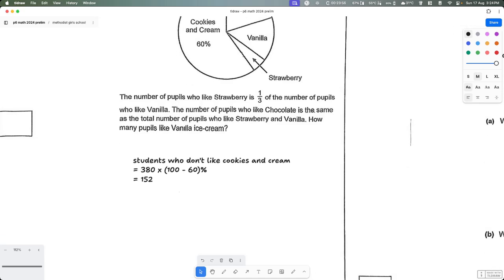Okay, so it says here strawberry is 1/3 of vanilla, which means in units, strawberry is equal to 1 unit, and then vanilla is equal to 3 units.